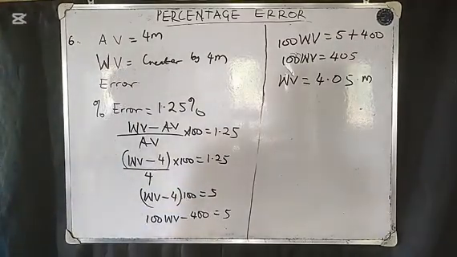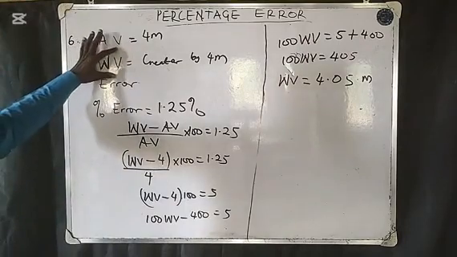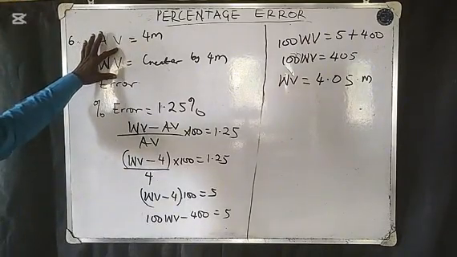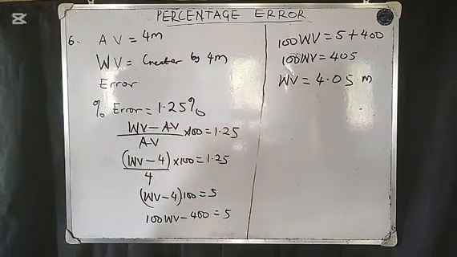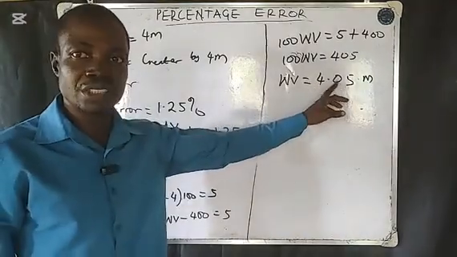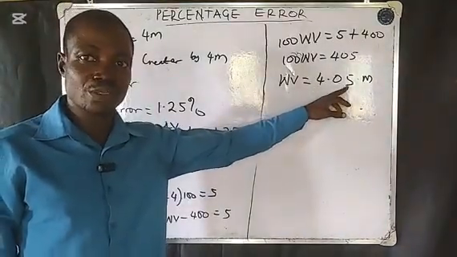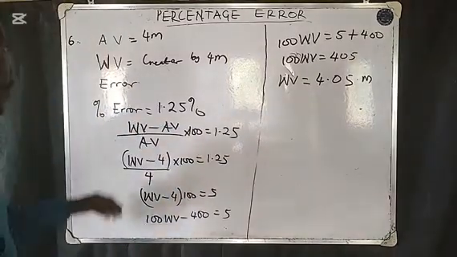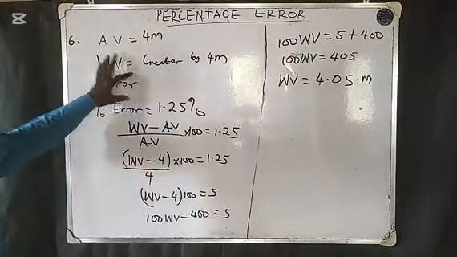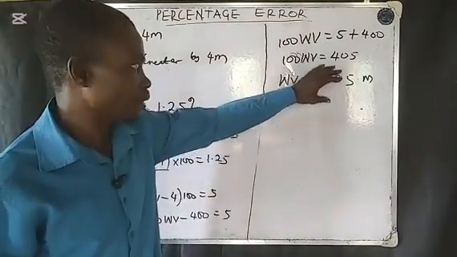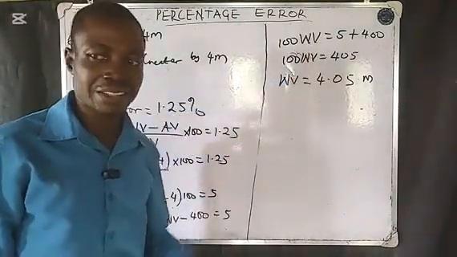We just assume that we don't know the wrong value the boy measured. Now, if you want to find the error, the error is very easy. The error is 0.05. So in case they ask you for the error, this is the error. The boy's measurement is this. Now the thing is clicking.